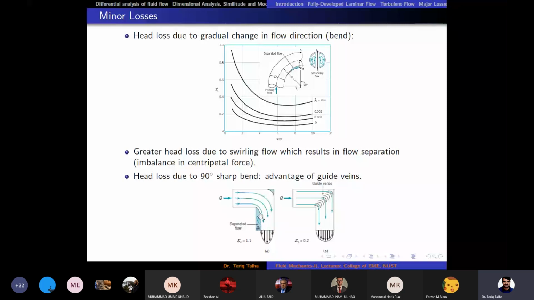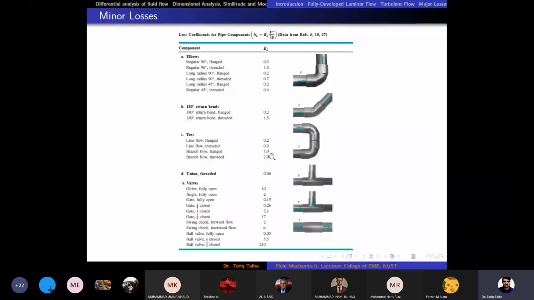Okay, so up till here we have discussed these losses due to discontinuity in flow. Now there is a table which shows, for different components like elbows, 180-degree return bends, tees, unions, and valves, what the value of KL is.